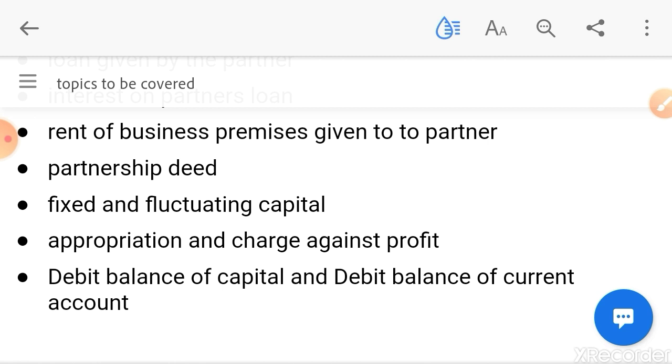Now, when interest is provided on capital, interest will be given on the credit balance, but not on the debit balance.